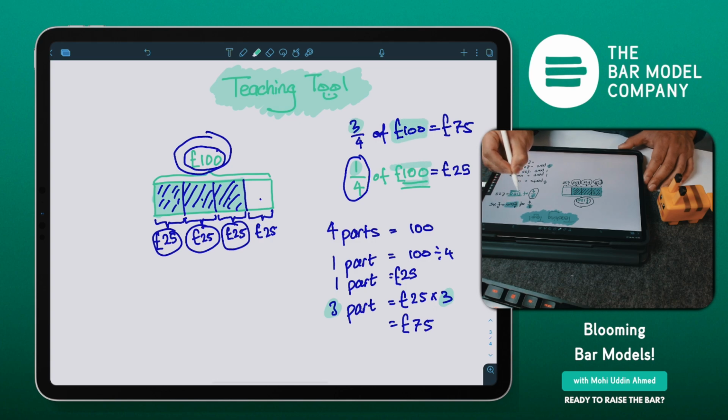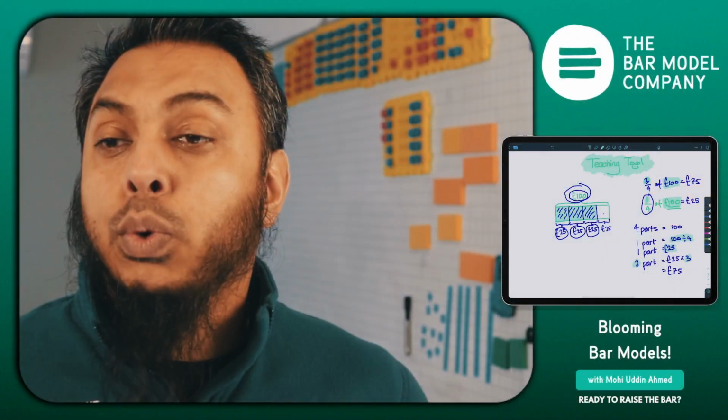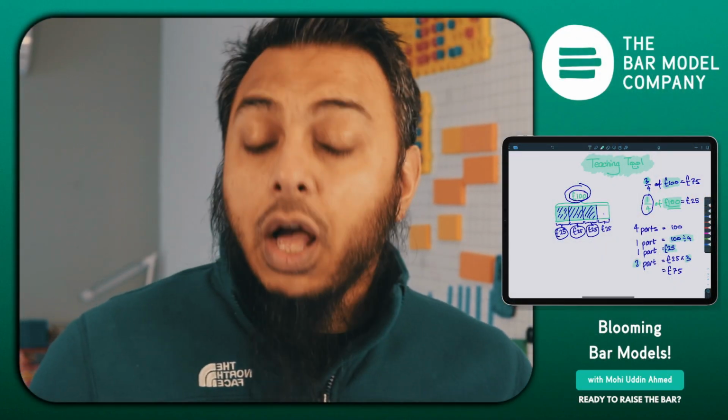We did the same thing at first to work out what 1 quarter of 100 is, which is to divide 100 by 4. 100 divided by 4 is equal to 25. So each of these parts are 25. There are 3 parts, 3 equal parts out of 4 equal parts, means I have to do 3 times 25 to work out 75 pounds, which is 3/4 of £100.